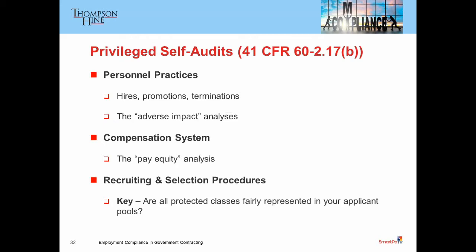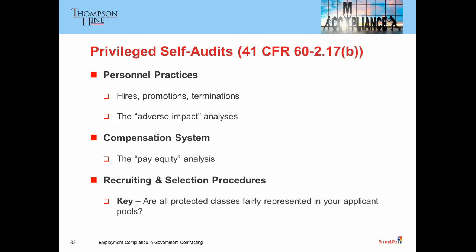The first type of audit that you need to conduct are of your personnel practices, what we typically call the adverse impact analyses that look at your hiring, promotion, and termination data on an annual basis to identify any potential indicators of discrimination. Second is an audit of your compensation system. We tuned in last month to the second installment. We spoke at length about pay equity audits.